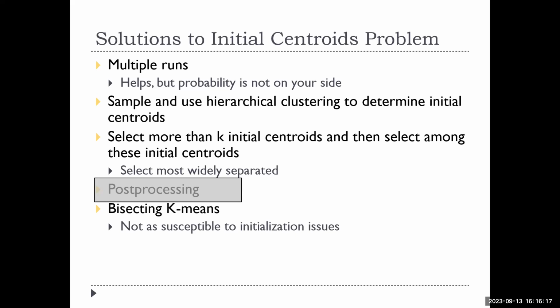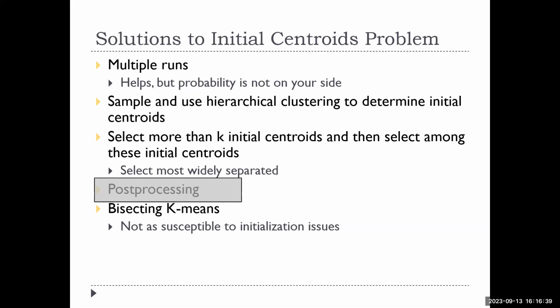We may use sampling and use hierarchical clustering to determine initial centroids. That's another technique. Another one is you may use more than k initial centroids and then select among them. So let's say k is equal to 10.